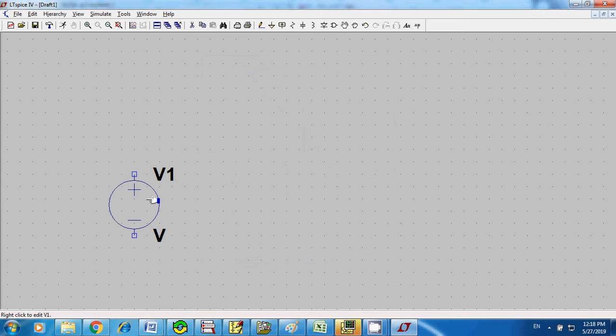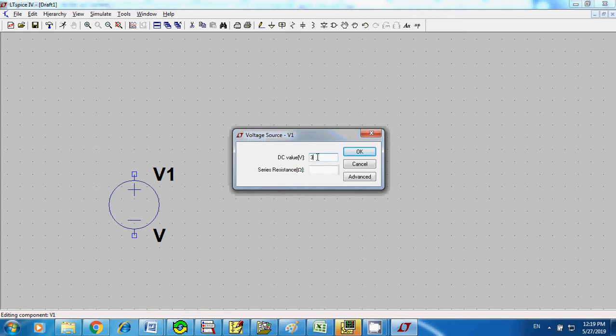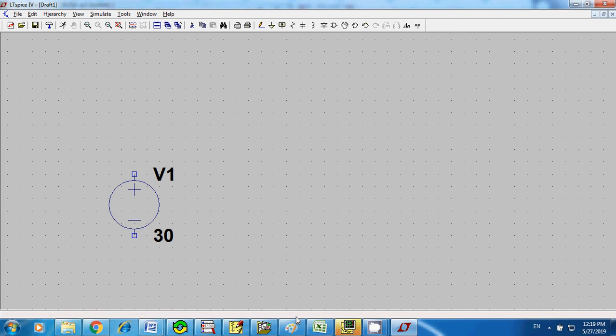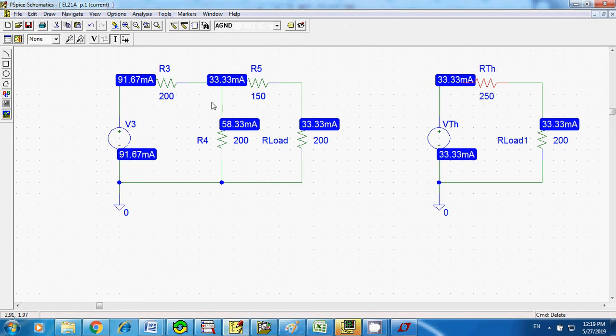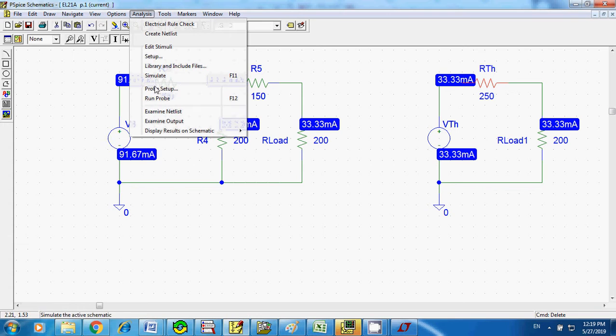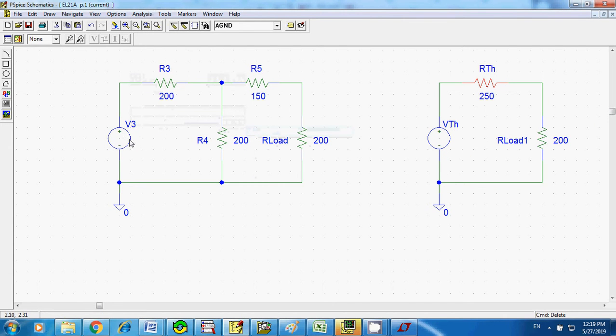Okay, I need this one to be 30, right? So you take a look at the circuit in PSpice. You have V3 and you have 4 R, right? And have only R5 to be 150, and the rest are like 200 ohms.